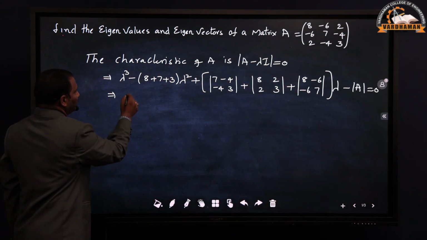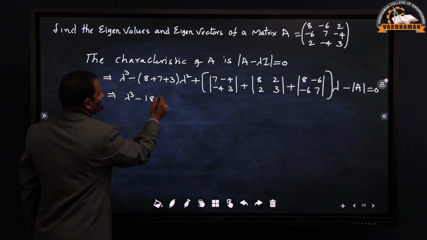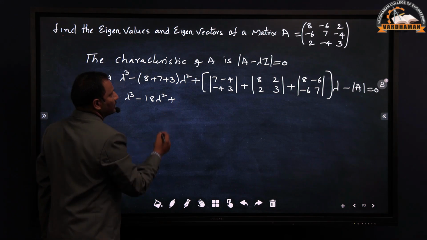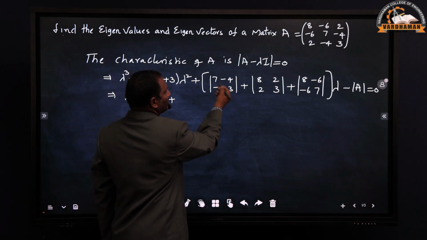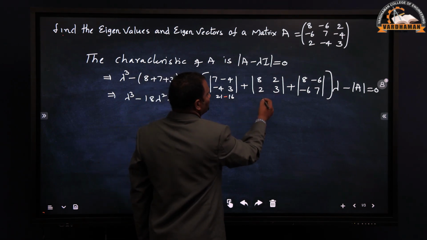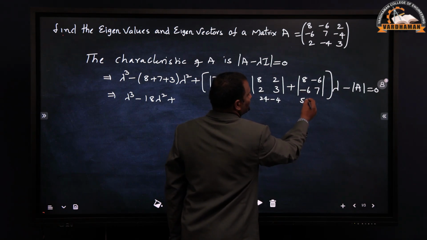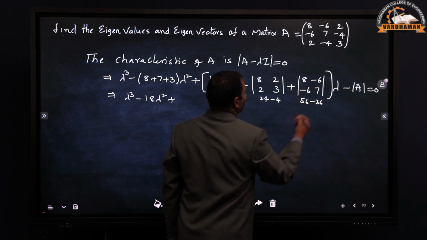So lambda cube minus 18 lambda square plus, finding the determinants: 7 3s are 21 minus 16, 8 3s are 24 minus 4, 8 7s are 56 minus 36.